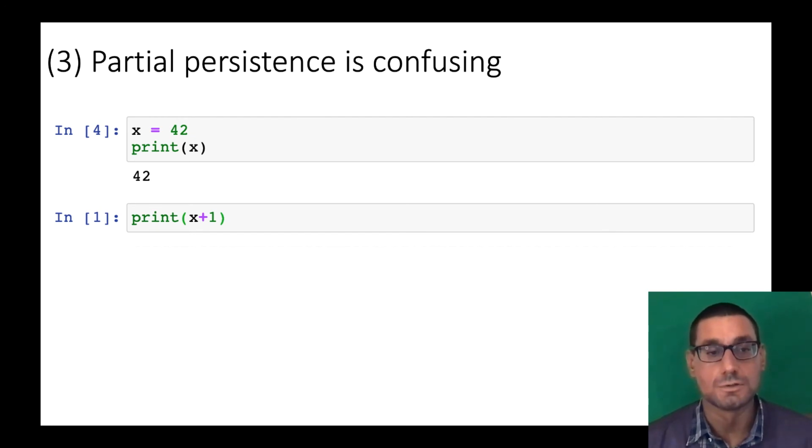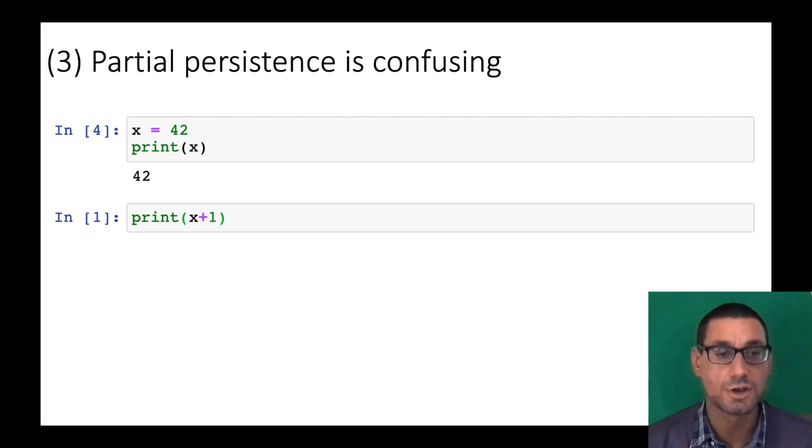Partial persistence causes problems too. So here the idea is that when you save a notebook and come back to it later, it preserves the output of cells that had been executed on a previous instance of the notebook, but the kernel doesn't preserve their state.